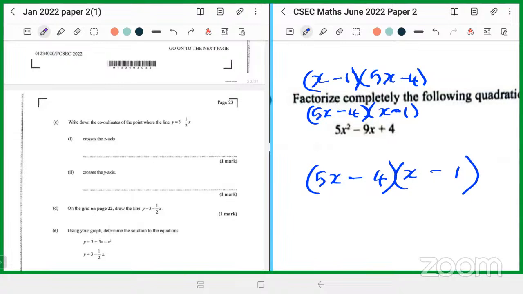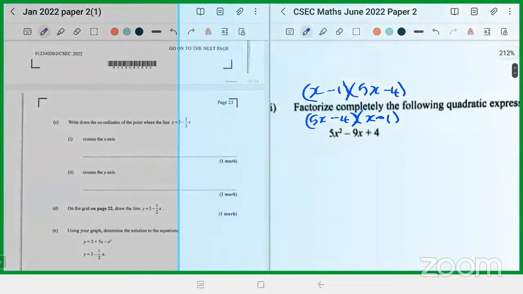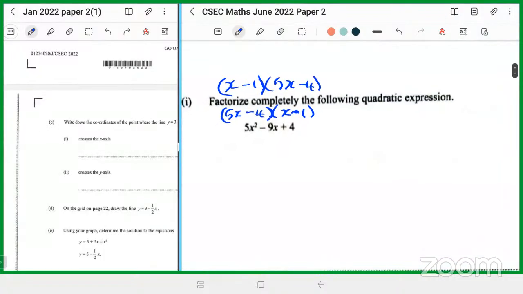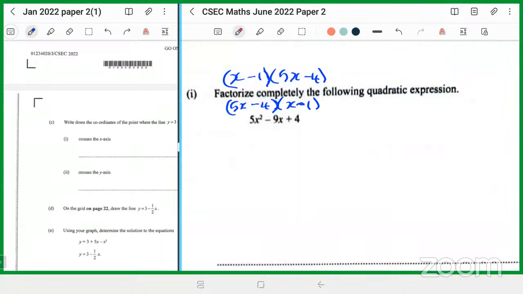All right, let's do the long method now. So the long method is when we're basically trying to break the quadratic out into 4 terms, so we can factorize by parts. And you do that by trying to split this middle term of negative 9x. The process involves the calculation of what we call AC. This is the A and this is the C, right? The plus 4. So multiply the end coefficients.